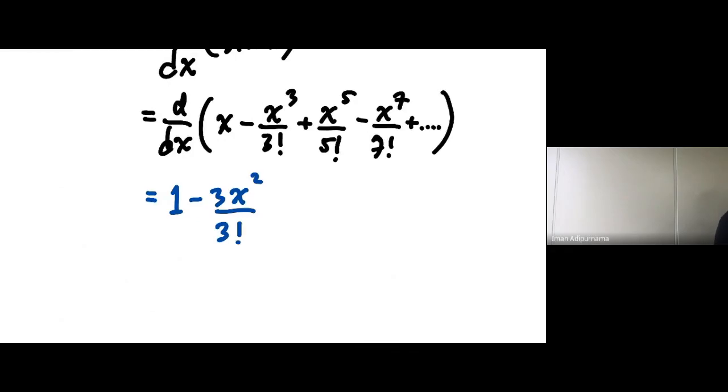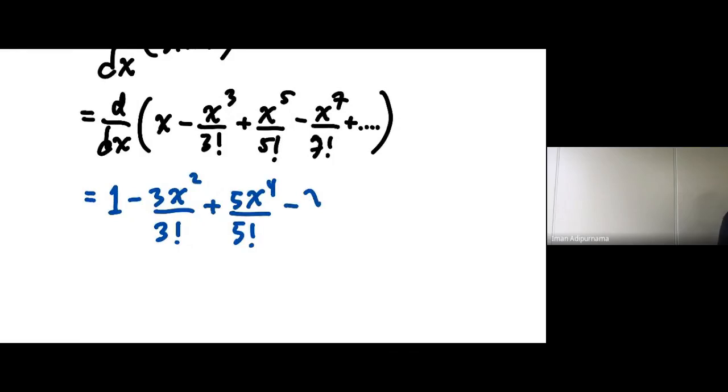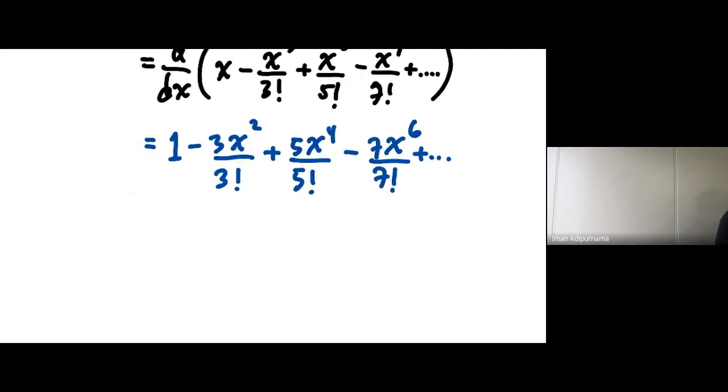So the first one becomes 1, and then this becomes 3x squared over 3 factorial, and then this will be 5x to the power of 4 over 5 factorial. This will be 7x to the 6th over 7 factorial, plus dot dot dot.